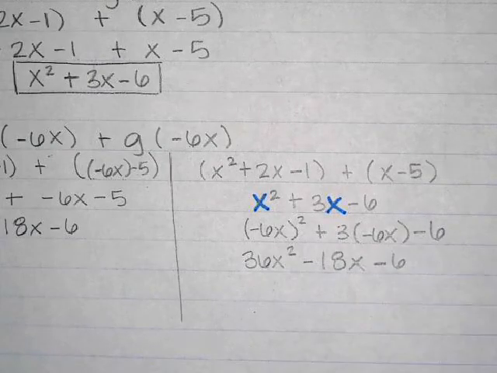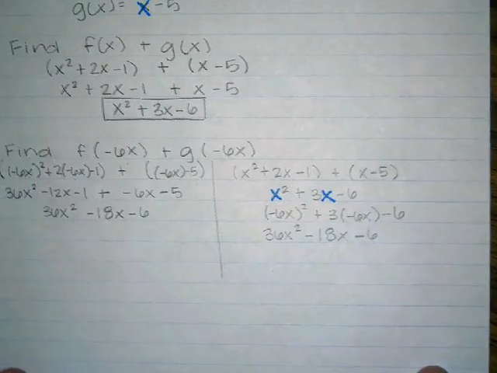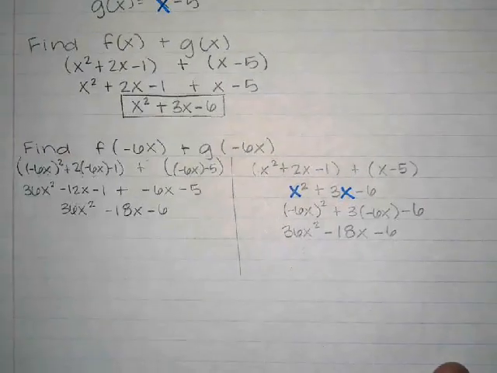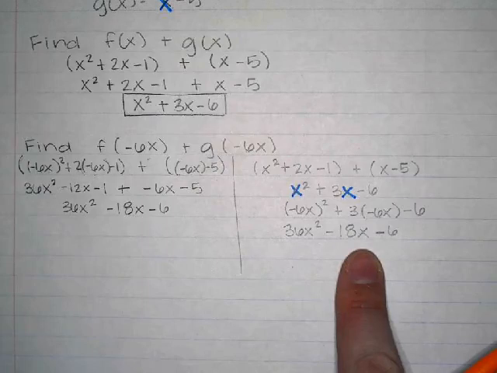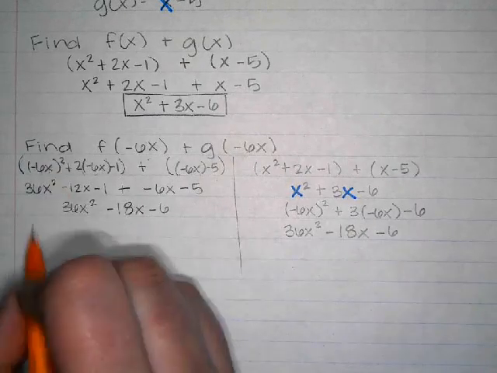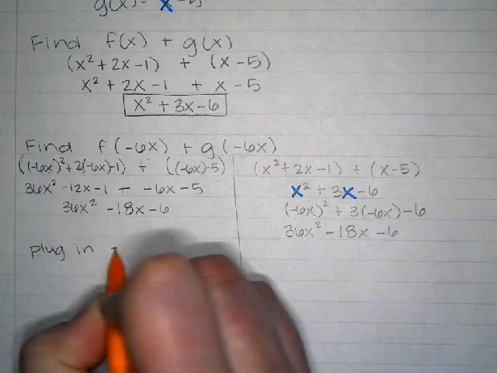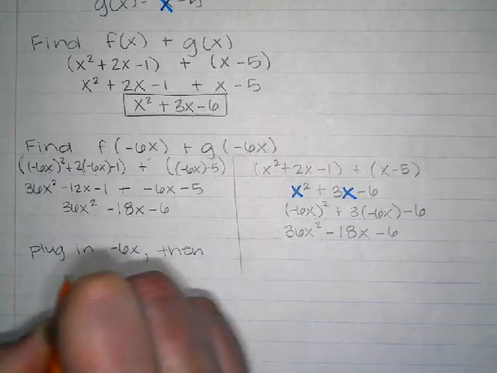So if you guys can see, it doesn't matter which way I do it. It's going to give me the same answer either way. Is there one method you guys think is a little bit easier than the other? We like this method better? Yeah. So this method is plug in negative 6, then add.